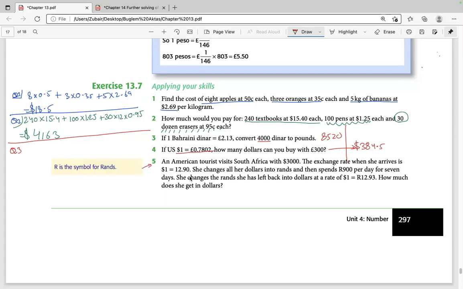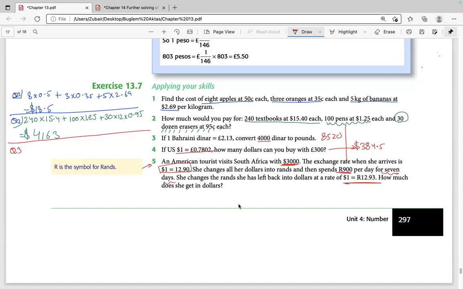Last one. An American tourist visits South Africa with $3,000. The exchange rate when she arrives is $1 is equal to 12.9 rands. She changes all her dollars into rands and then spends 900 rands per day for 7 days. She changes the rands she has left back into dollars at a rate of this. You see, the rate is changing at different times.